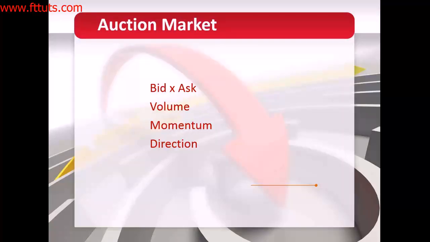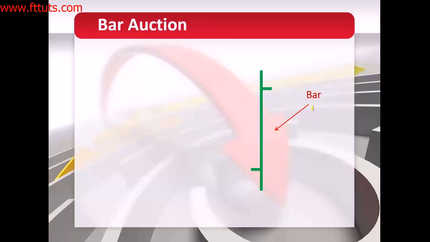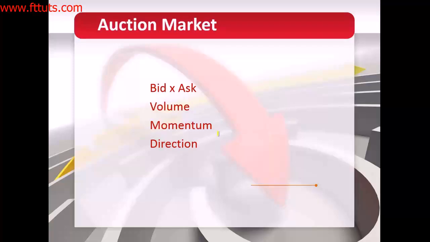Now, whether you are looking at a bar chart or any of the other types of charts that we are looking at, all of these key elements are going to come into play. The transaction is going to require understanding of the bid and ask. You also need to understand how volume influences the auction and how we can discern and identify momentum within an auction process, and most important of all, direction.